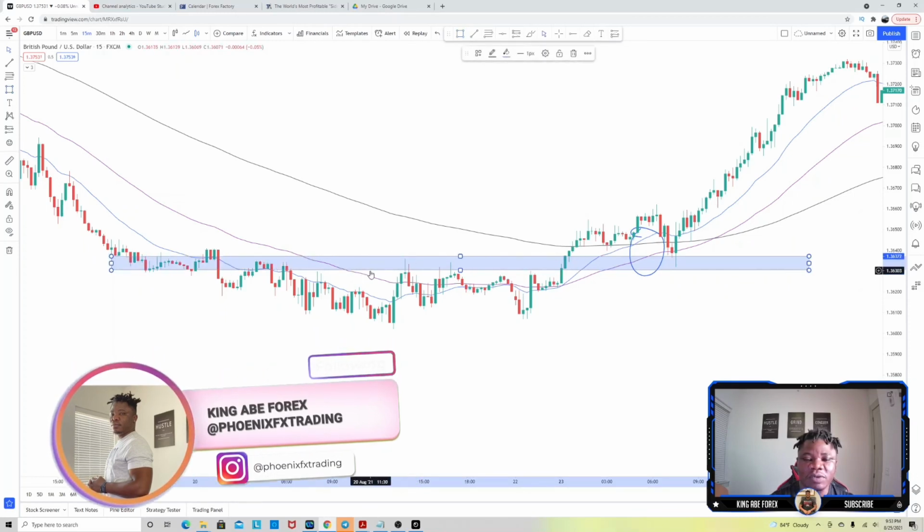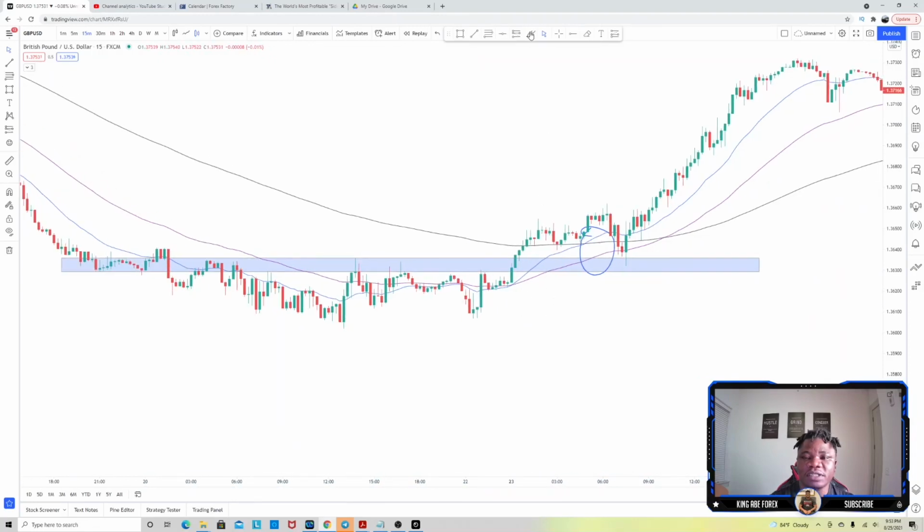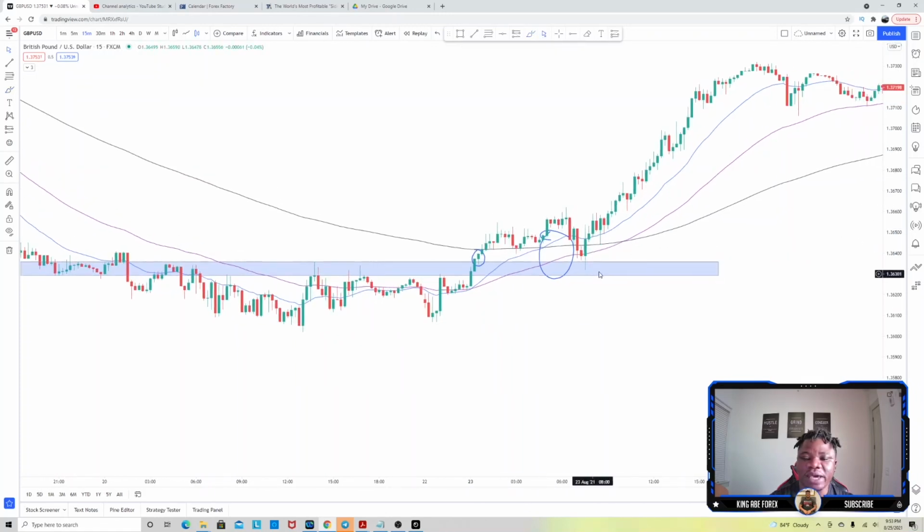Now that we have this zone over here and price broke our resistance, we're just waiting for a retest. And as we can see here, price came back and we tested our previous resistance zone.